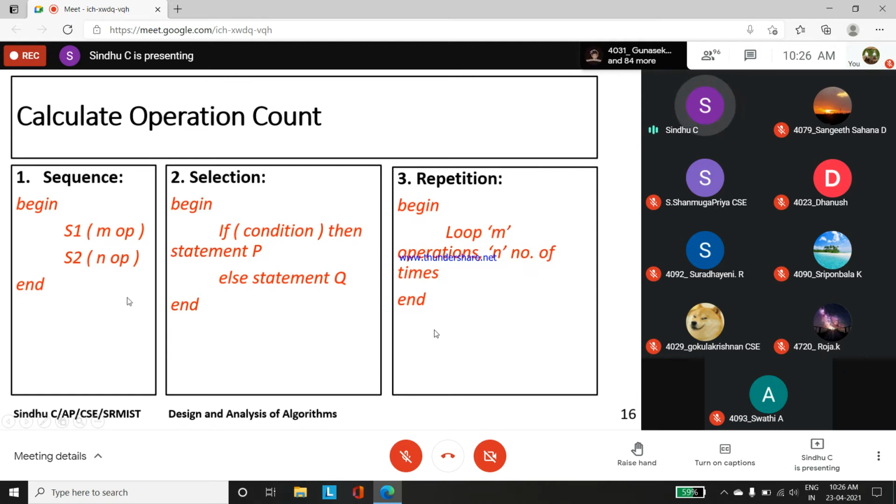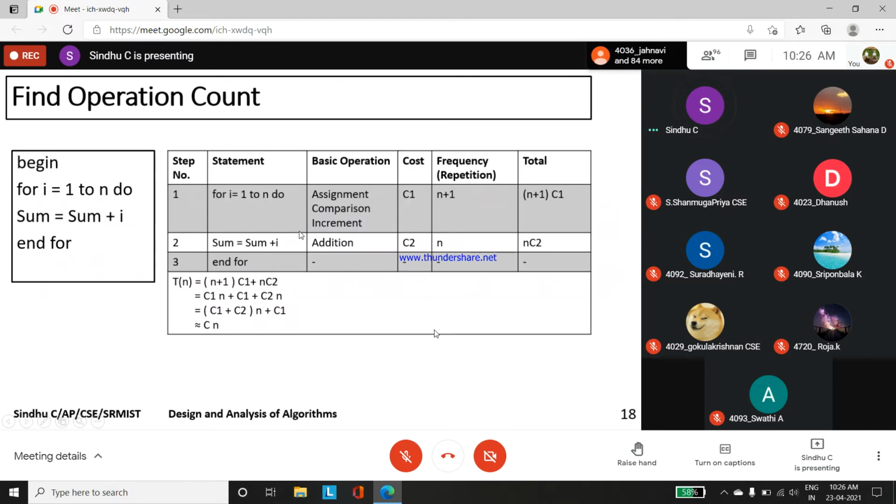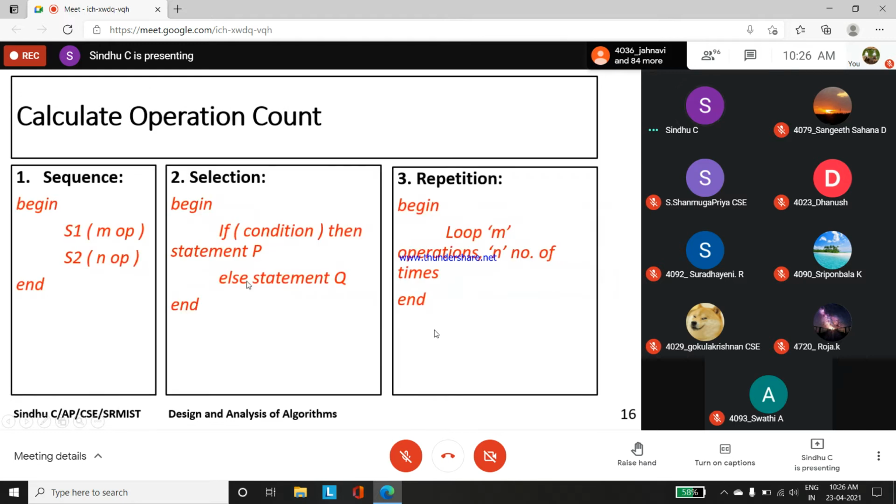Right? So this sequence of statements takes M plus N number of operations, which follows the addition principle because it is just a sequence. The second one is selection, which requires whichever statement you are selecting, so whatever is the time for that will be the number of operations.